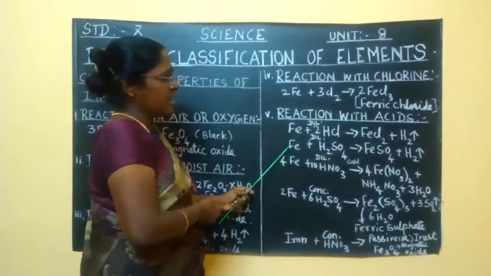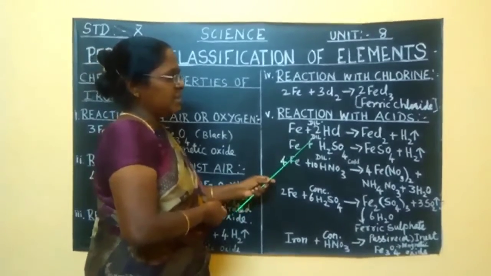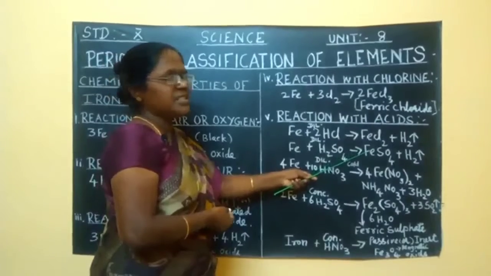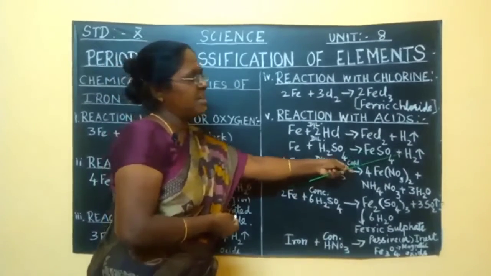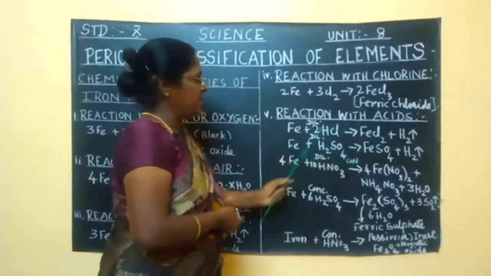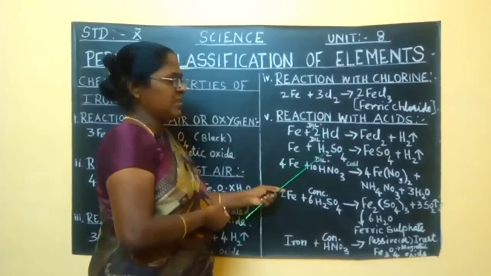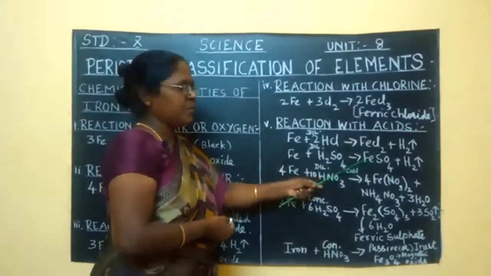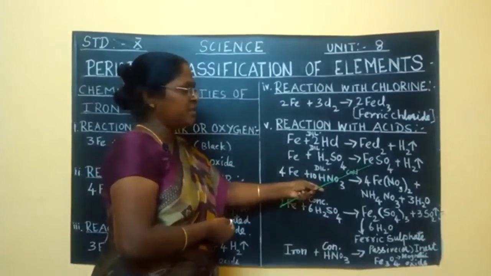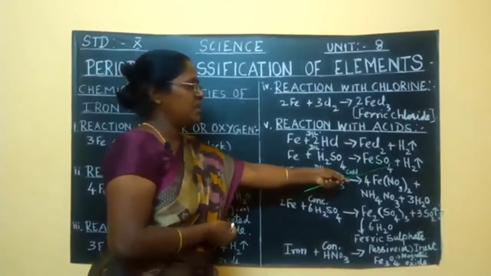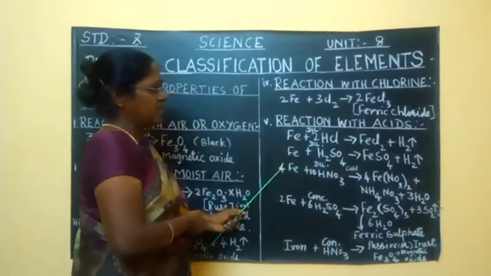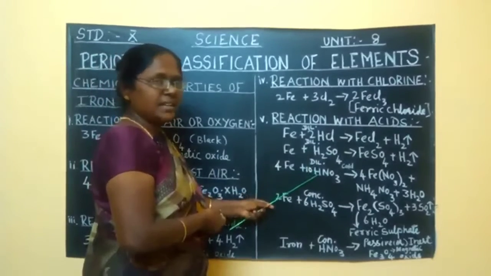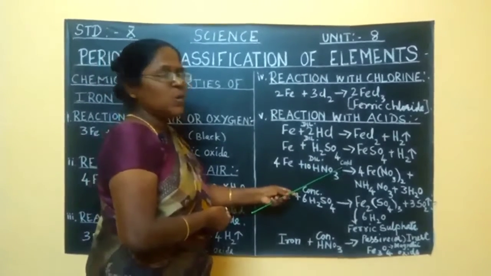The second one is iron reacting with dilute sulfuric acid. It forms ferrous sulfate, and hydrogen gas is liberated. So Fe plus H2SO4 produces FeSO4. FeSO4 means ferrous sulfate, plus hydrogen is formed. The third one is iron reacting with dilute nitric acid in cold condition.